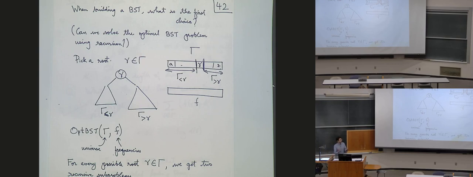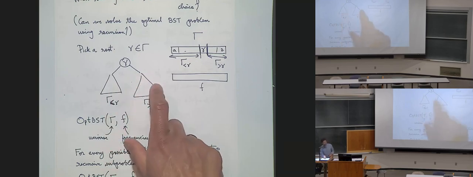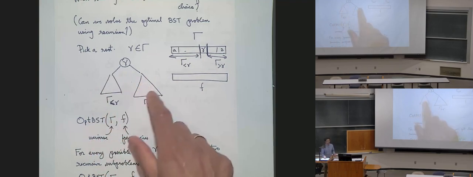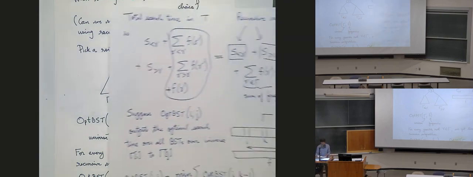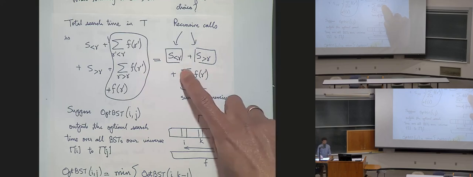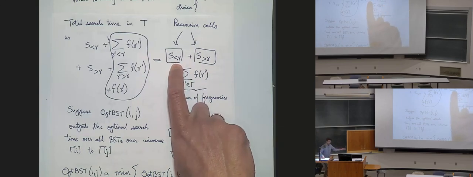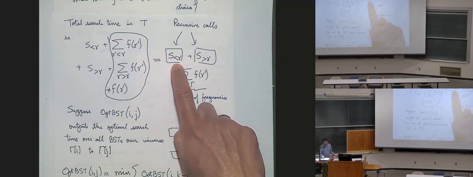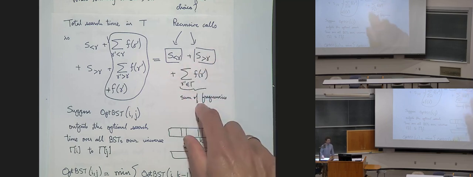Recursively we know how to figure out the best tree for the left and the best tree for the right part. If we know the total search time in each of those, we put it together to get the search time for the whole thing, and that gives us this formula. Look at the total sum of search times in the left part and in the right part, and then add the total frequency.